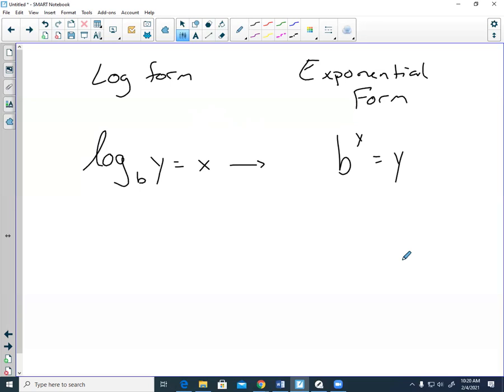That's because logs and exponential equations are inverses of each other. Logs undo exponents, exponents undo logs. Okay? So logs and exponents are the same thing to each other as multiplication is to division, as addition is to subtraction. Logs and exponents are inverses of each other.